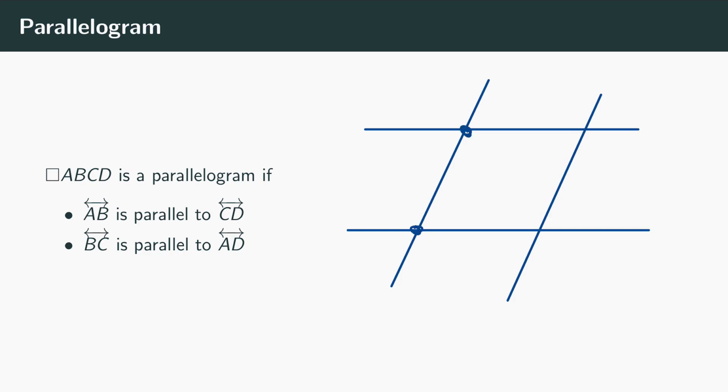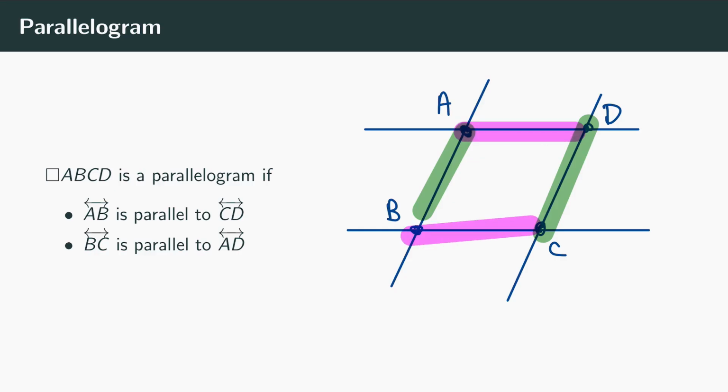This is A, B, C, D. We have that AB is parallel to CD, and we have that AD is parallel to CB. That's my definition of a parallelogram.